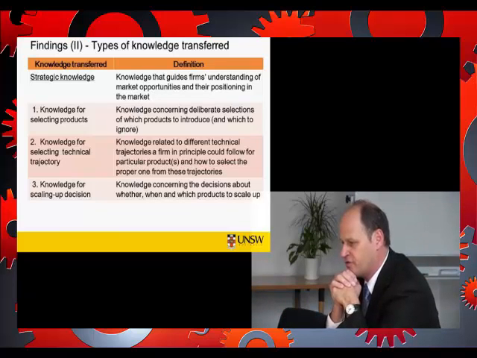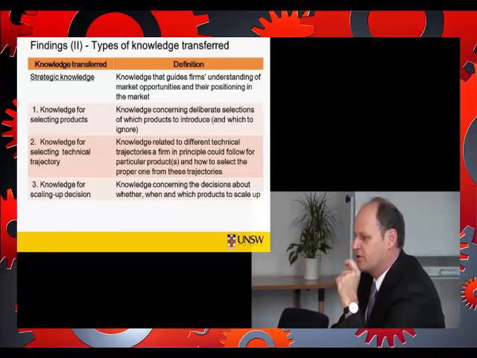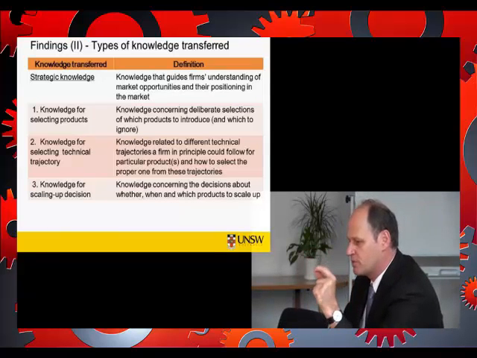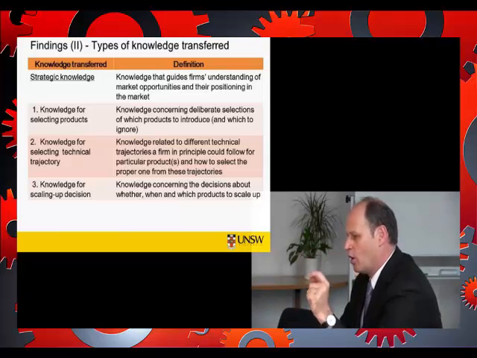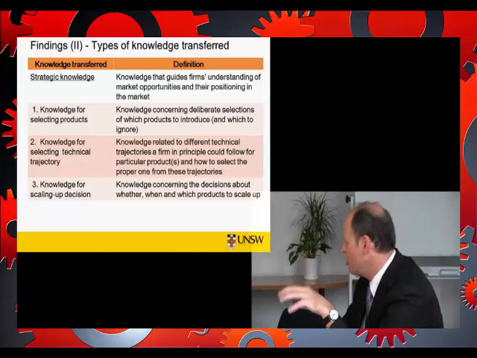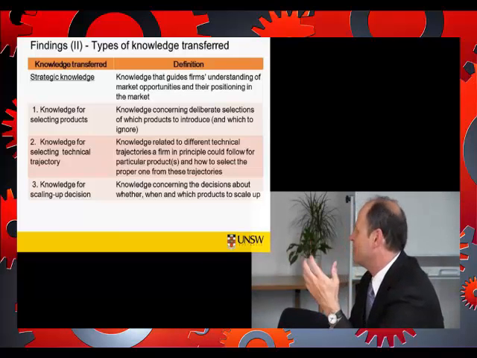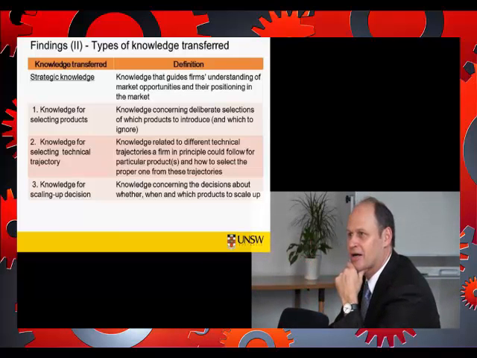Secondly, knowledge for selecting technical trajectory. This is knowledge related to the different technical trajectories a firm in principle could follow for particular products and how to select the proper one from these trajectories. So again, I'm not going to go into detail. For those of you who have worked on technologies, you know that typically there are different technologies out there, different ways to solve a problem.